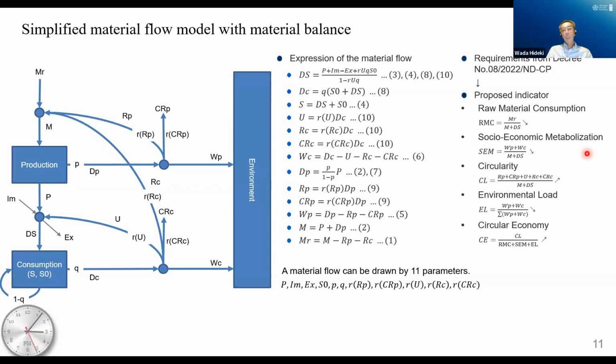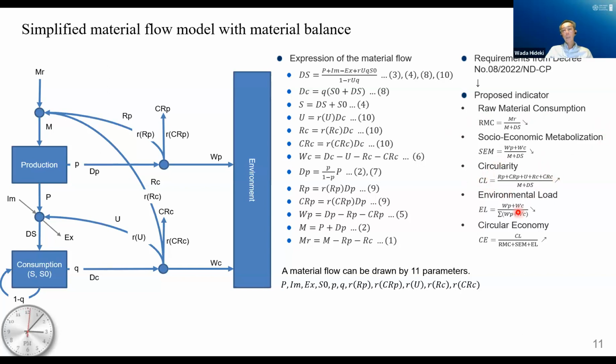But such a standard value cannot be found. So we considered WP and WC, the residue waste amount generated from Vietnam's socio-economic society. If this part is not negligible, then there is a lot of room to improve the material used in Vietnam. Tentatively, we used this kind of indicator.